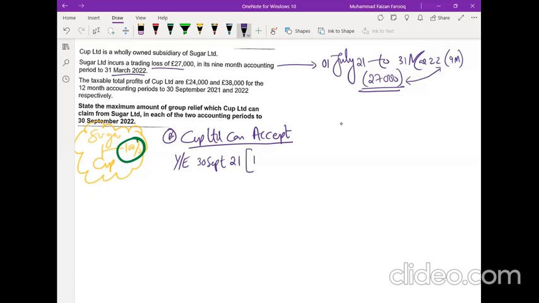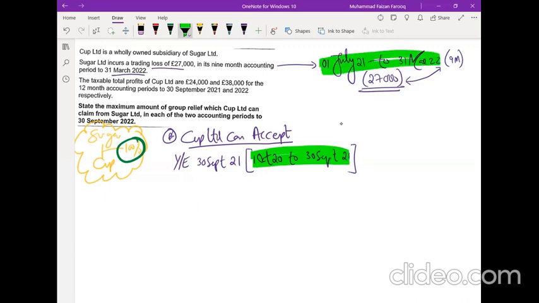We didn't do anything, we just wrote the full forms. Any confusion, please ask me. But this is simple. We have to find out the months only.